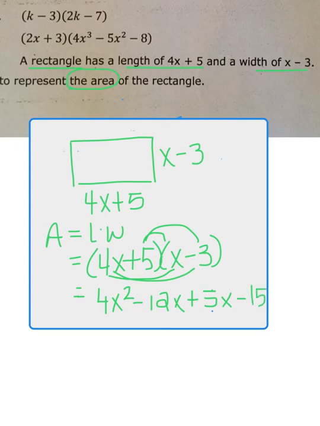Now you can go ahead and combine things that can go together, and you're going to get 4x squared. These guys can be combined, so negative 12 and positive 5 is negative 7x minus 15. So that expression represents the area of my rectangle.